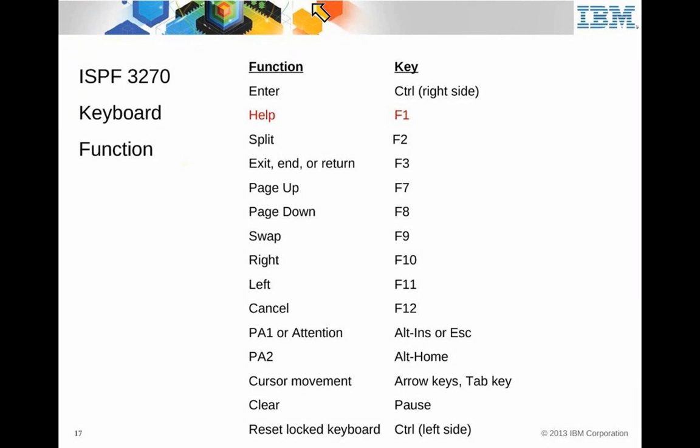But the clear key is the pause. And for those of you that aren't aware of it, many times I have icons for these things. And in PCOM, if you use IBM Personal Communications, if your arrow is inside the window and you do a right click, the icon mapping will show up for these different keys, such as PA1.